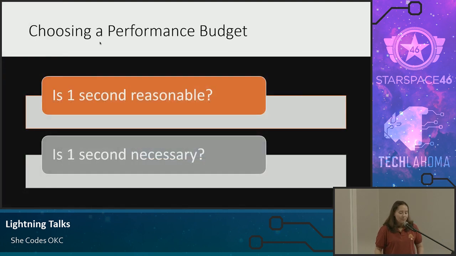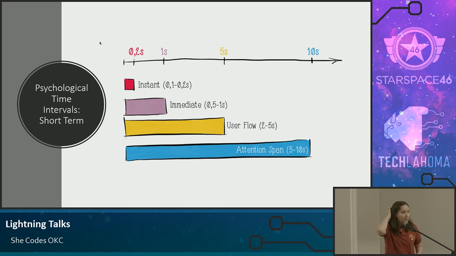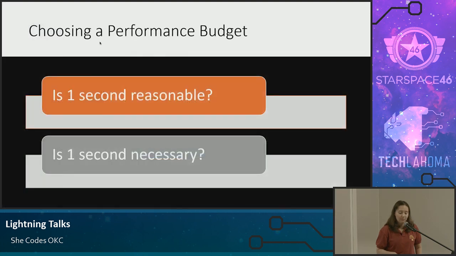So when you're choosing a performance budget, the Blink creators, when they were looking at what they wanted their rendering times to be, wanted immediate loads but instantaneous feedback. So that's where they get their 1 second load recommendation.